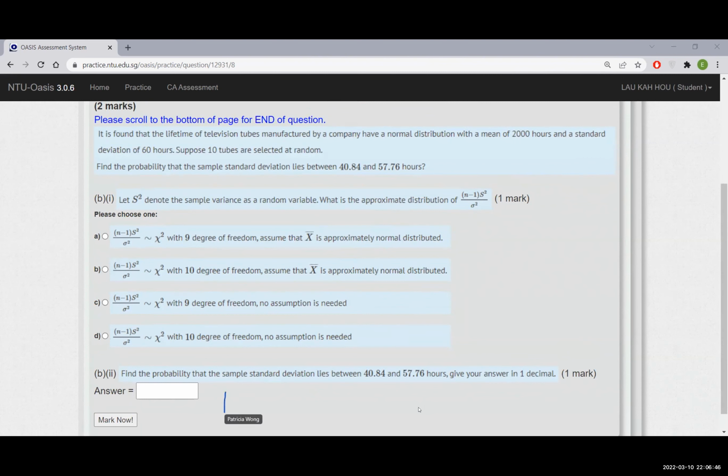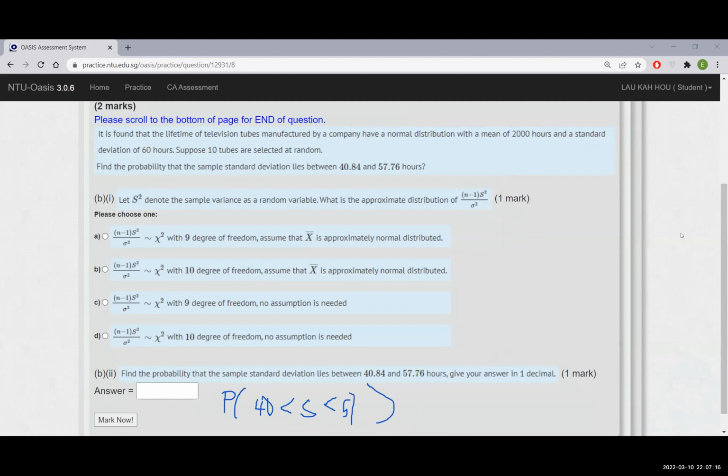So you want to find the probability that S is between these two numbers, the 40 point something and the 57 something, right? You want to find this probability.